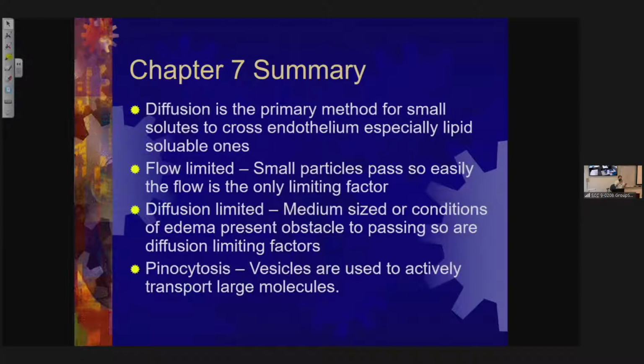So diffusion will go from high to low concentration. Sometimes that's limited if you have low flow. Medium particles are harder to move across because they're harder to get through those gaps. And if they're really large particles, they use little pinocytotic vesicles to move large products through the capillaries.